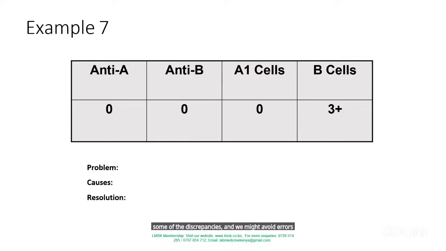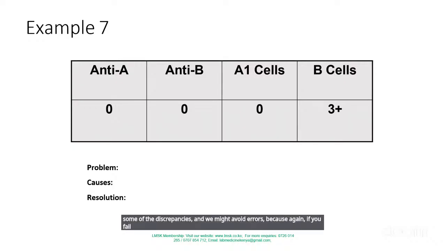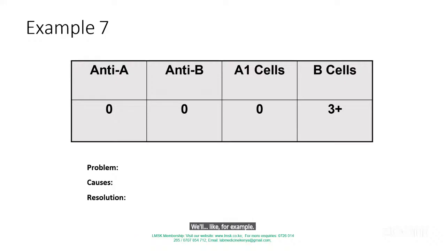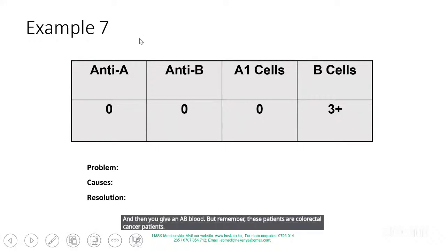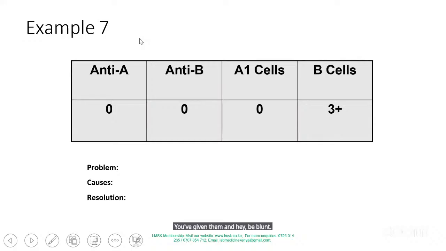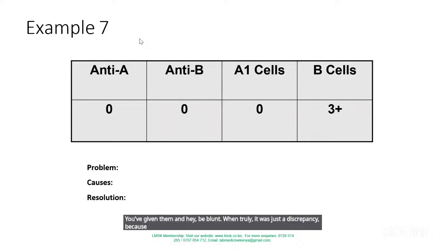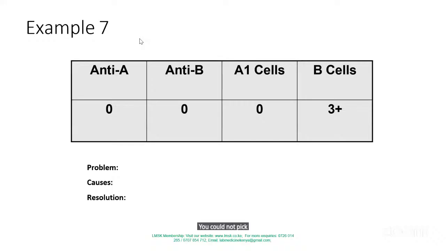Because if we fail to pick these discrepancies, for example in a case of acquired B, you will be doing forward typing and then you give AB blood. But remember, these patients are colorectal cancer patients. You've given them AB blood when truly it was just a discrepancy, because you missed the reverse. You could not pick that particular discrepancy.